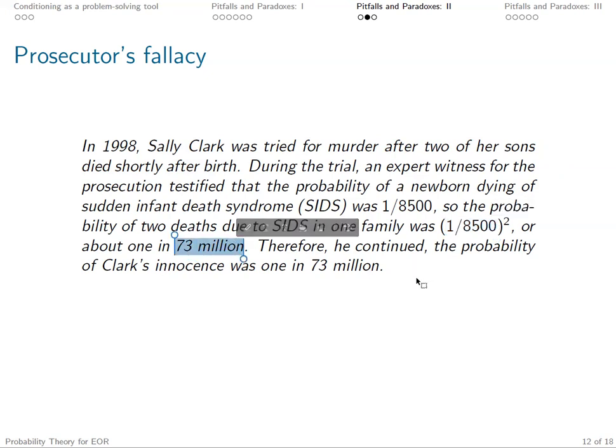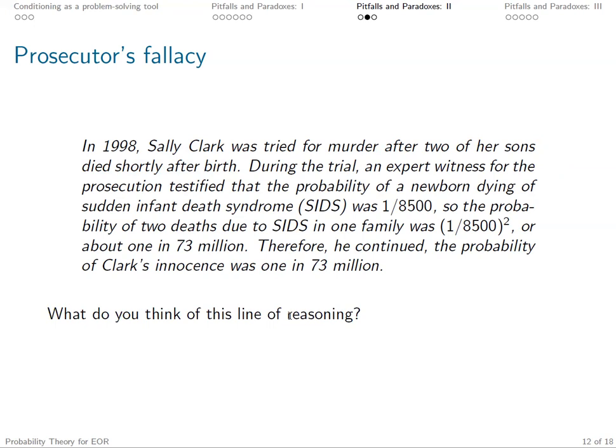Therefore, he continued, the probability of Clark's innocence was 1 in 73 million. Well, the whole argument seems plausible, but what do you think of this line of reasoning? I hope you can pause the video at this moment and think about what potential mistakes this expert made.